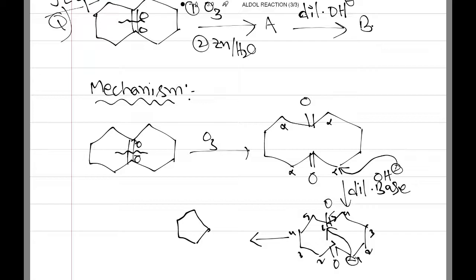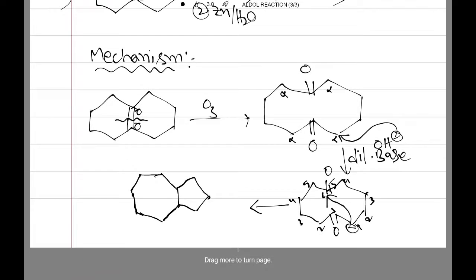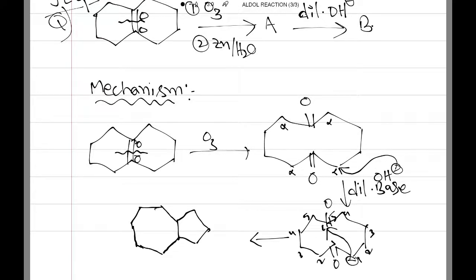Look at this one carefully: this is C double bond O, and this is CH2, and this is CH2, and here also CH2. That means a 7-member ring formation takes place, with 5 carbons in this ring. Here it is double bond O, and on this carbon I am directly writing OH, since after adding water we get OH formation.